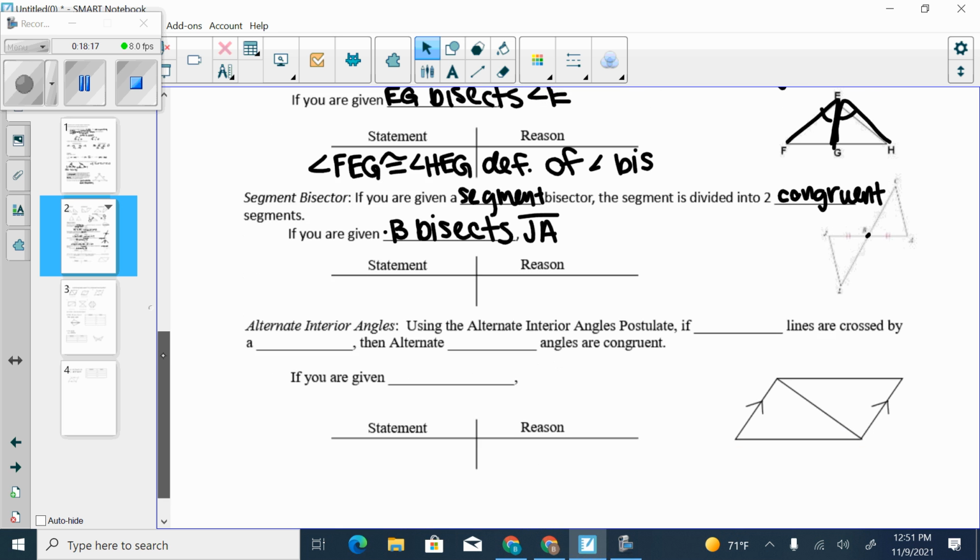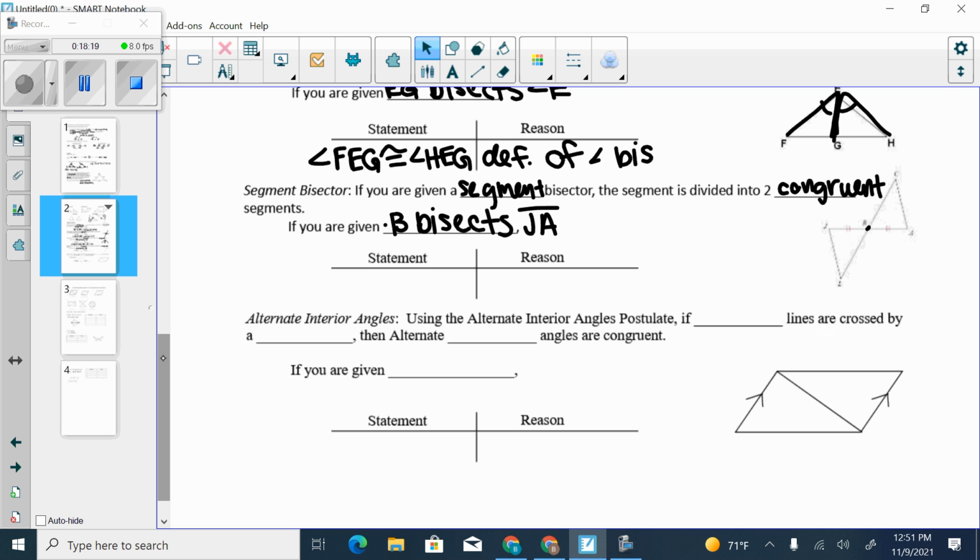So if I split it in half, B would be the midway point, so I could say that segment JB is congruent to segment BA or AB, whichever way you want to list your endpoints.